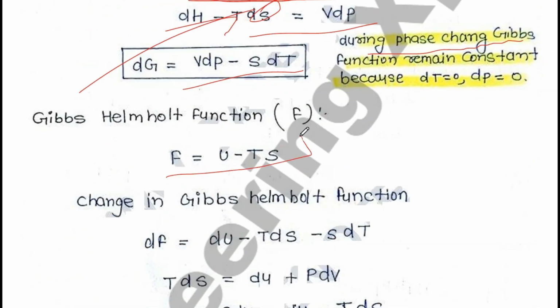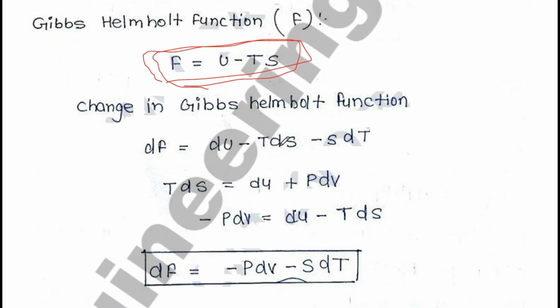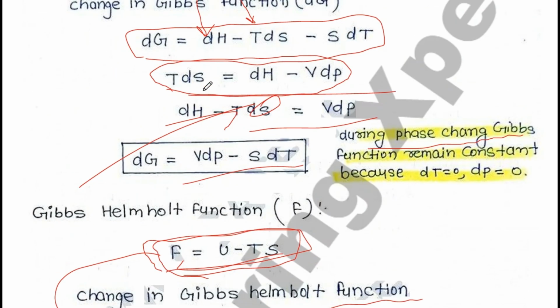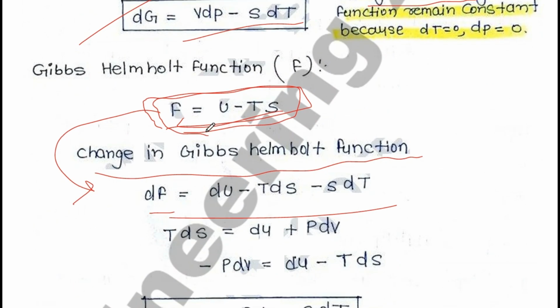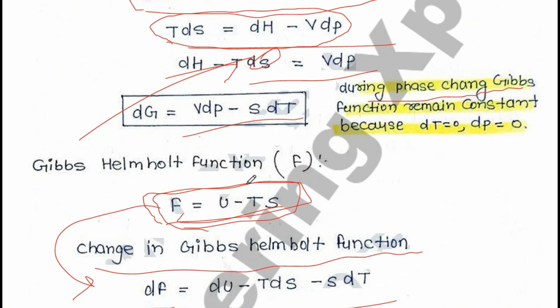One more function is there, the Helmholtz function. This is not very important, but just for knowledge and awareness, you can read about this. This is the Helmholtz function. The change in this can be written like this, just as we did for the previous function.